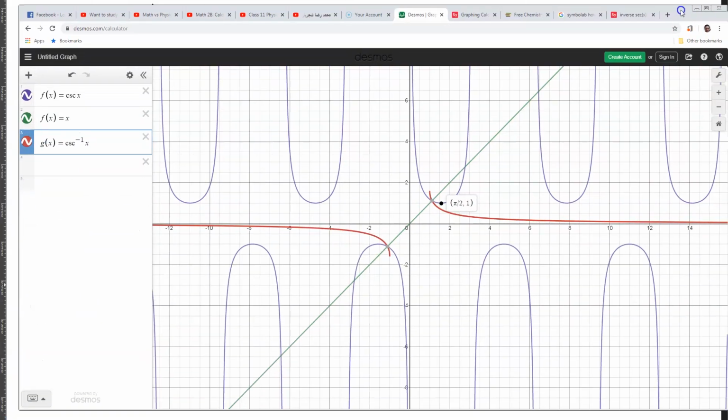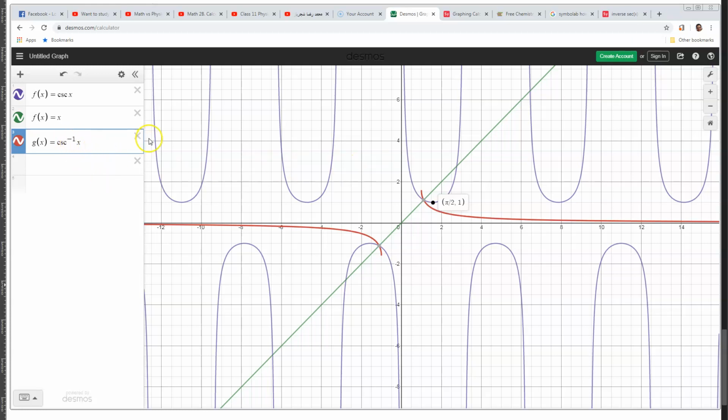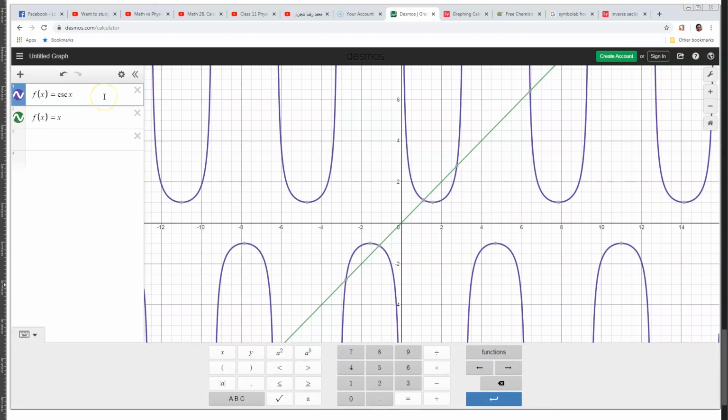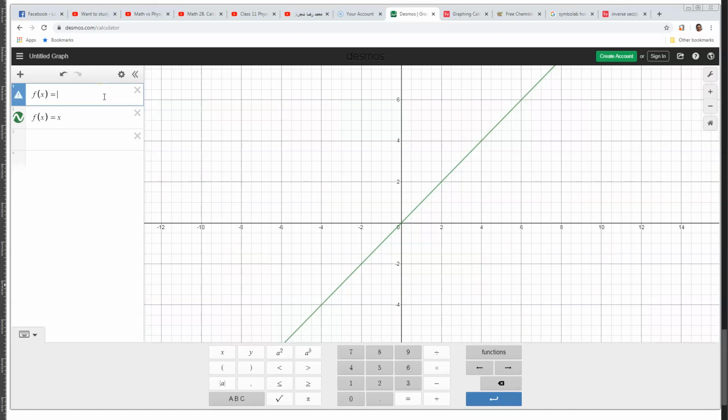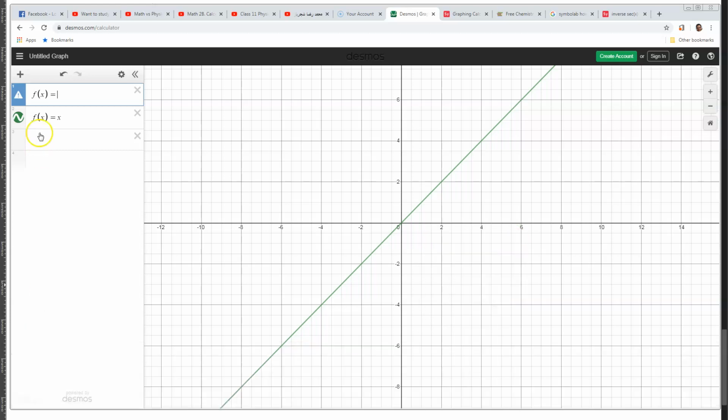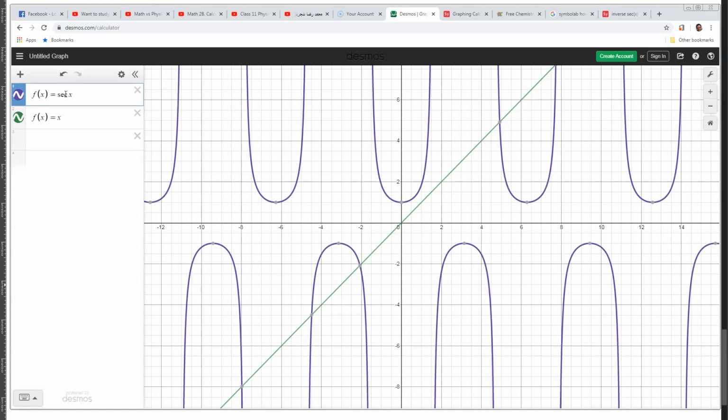Now the secant inverse function. So the secant of x is this function, and we said that we could restrict the domain of this function to 0 to pi.